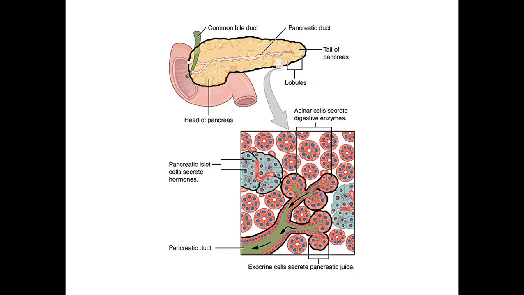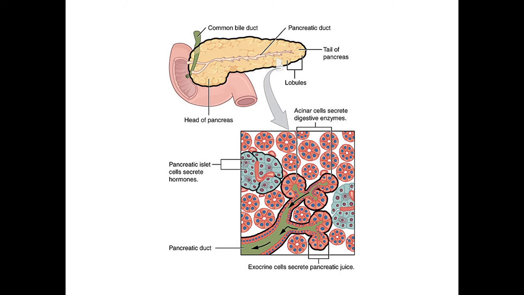We have here the appearance of the pancreas. On the upper portion, we have the anatomical appearance of the pancreas, and in the lower portion, we have the microscopic appearance of the pancreas taken in the narrower portion of the pancreas towards the tail.